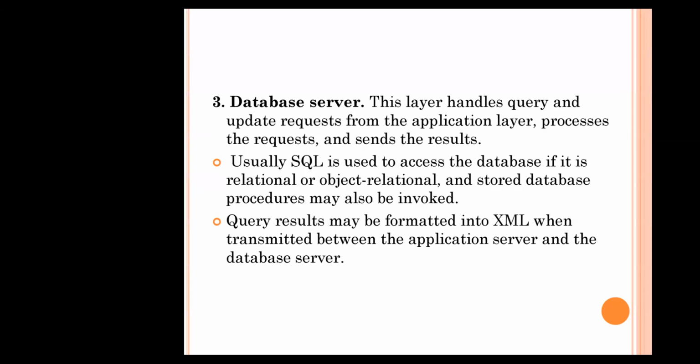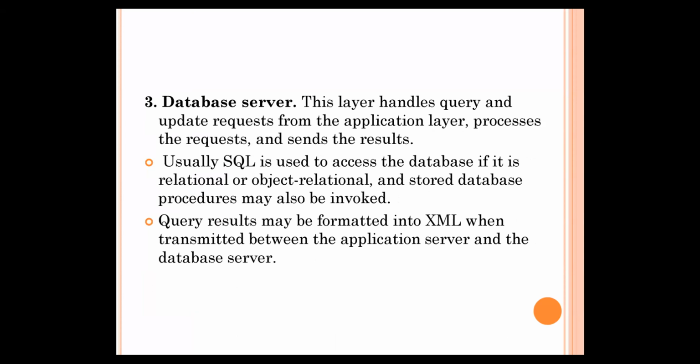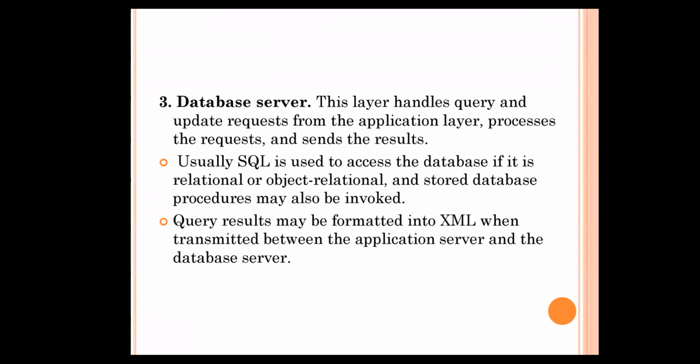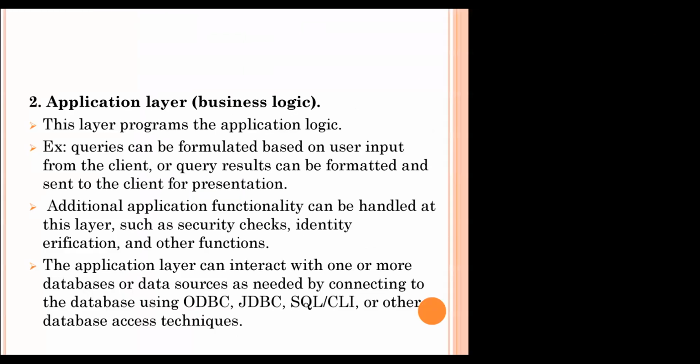And the last layer is called the database server. Once the processing is over, the data will be updated and committed. Committed means it will be saved permanently in the main memory as well as in the server. So that is called the database server. Say in the ATM system also, we are accessing the ATM machine screen, that is the front end, or we will say the client side or presentation layer, and the actual processing is done in the CPU available in the ATM machine itself.